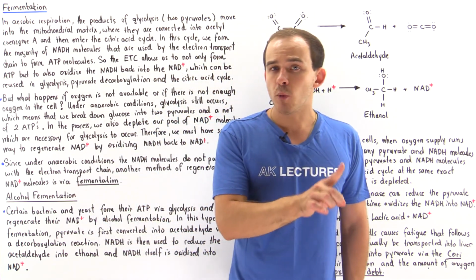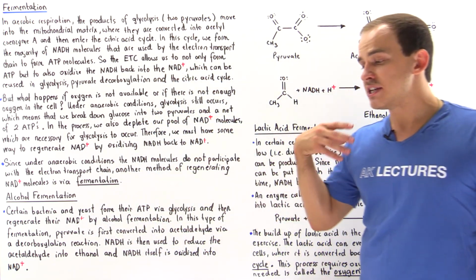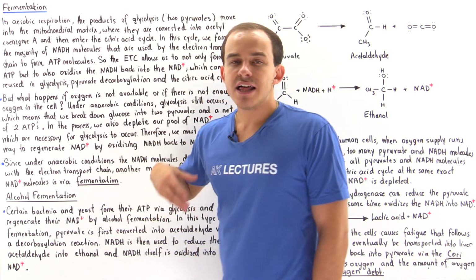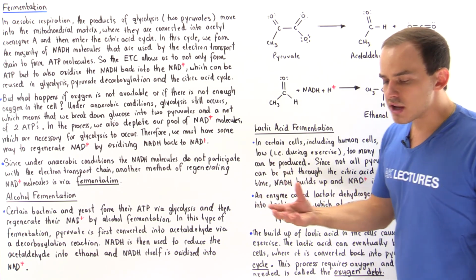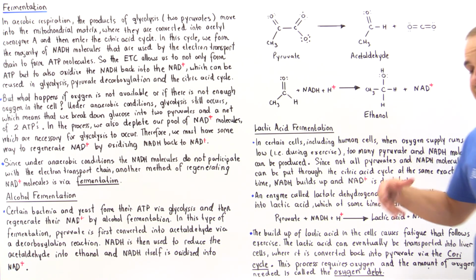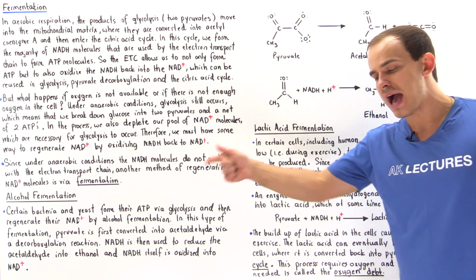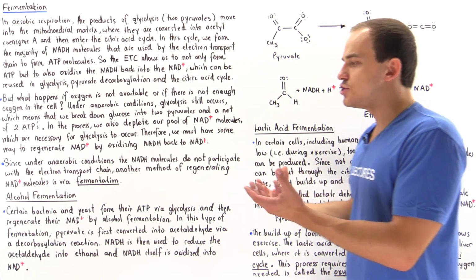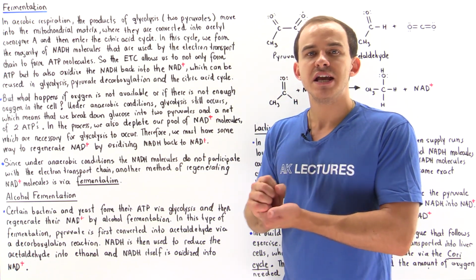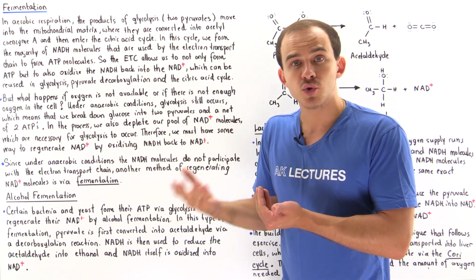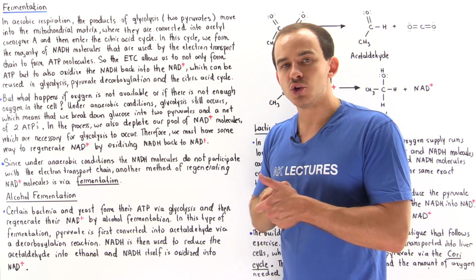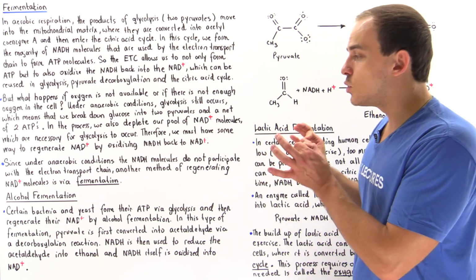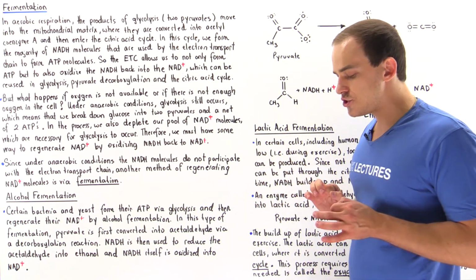Remember, under aerobic conditions, we have our citric acid cycle and we have the electron transport chain that actually produces the majority of the ATP molecules as well as oxidizes the NADH back into the NAD+. But under anaerobic conditions, we have glycolysis being the only method by which we produce our ATP molecules, and to regenerate those NAD+, we have to undergo the process of fermentation.